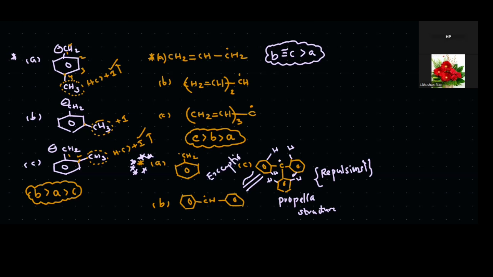Due to the propeller structure only, the secondary free radical is equal to the tertiary free radical structure. So that's why these two, B and C, are the equal stability compounds.